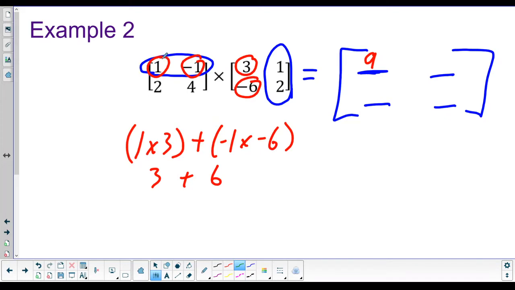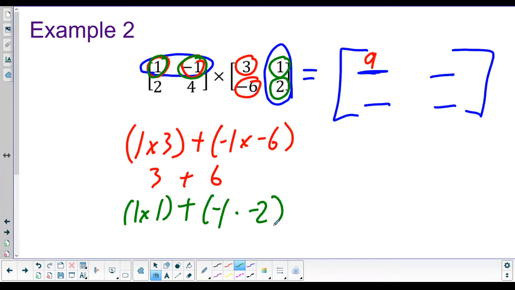So I multiply the first number in the row to the first number in the column, 1 times 1, plus the second number in the row times the second number in the column, -1 times -2, positive 2. So 1 times 1 is 1, plus -1 times 2 is -2. 1 plus -2, that's -1.